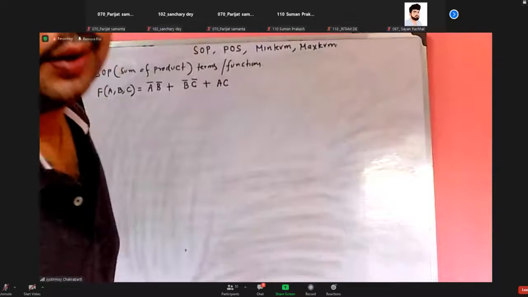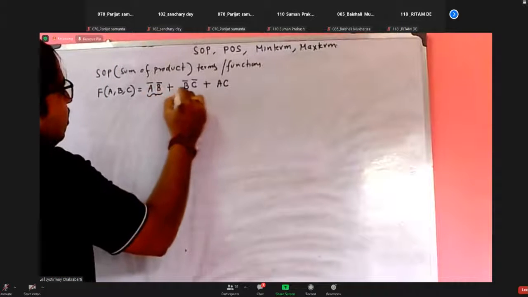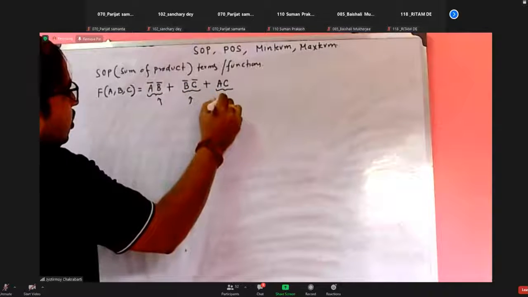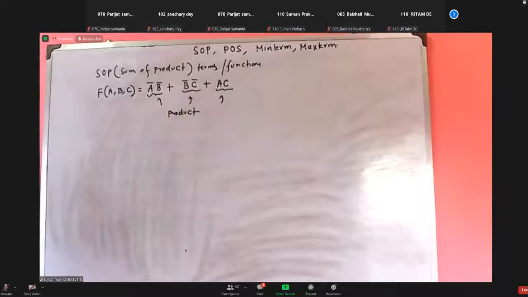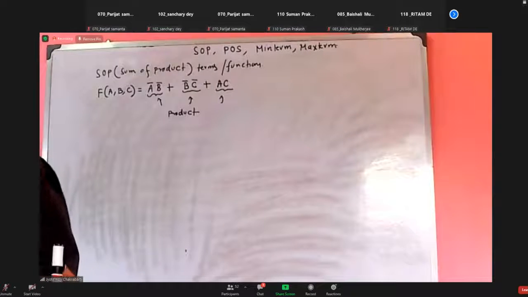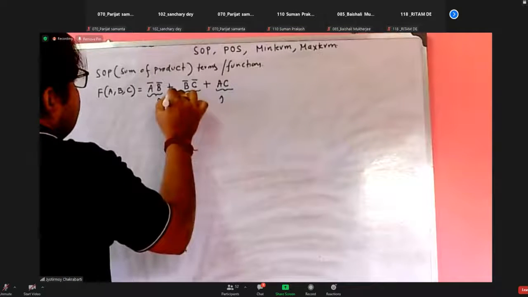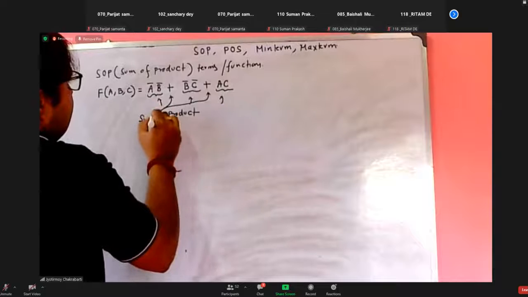Okay. So look at these terms. These terms are product terms. Product means this is a multiplication of two variables here. And between them this is sum.